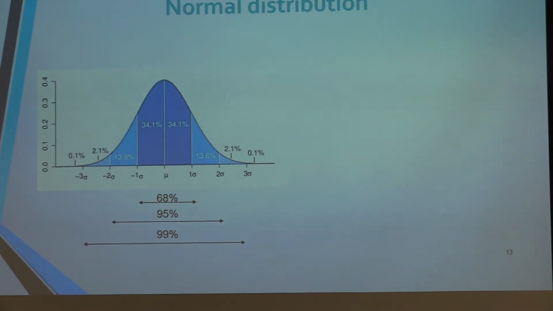I'll give you more hint. Mean, median, and mode are the same value, the center, okay? And what other features can you observe? You just describe what you have seen.